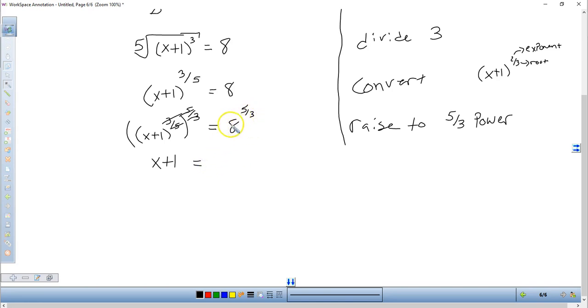Now 8 to the 5/3. 8 cube rooted is 2. Raised to the 5th power is 32. Question, do I need absolute values? Answer is no. Looking at these, 3/5, 5/3, none of those numbers are even, therefore we don't have to worry about absolute values. And then we solve, we subtract 1, I get x is equal to 31.